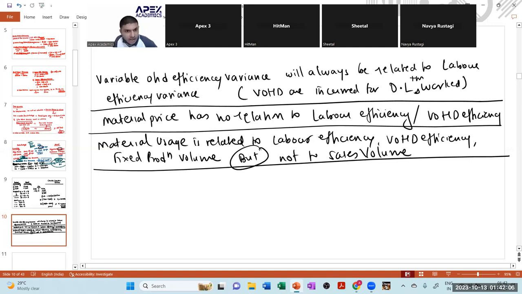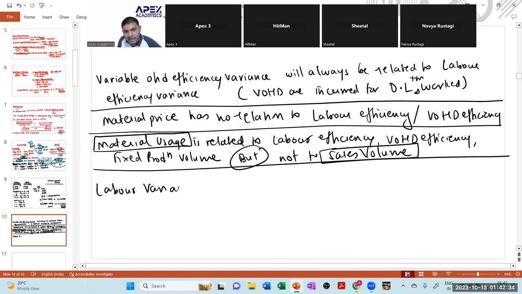What is the logic? Material usage is not related to sales volume. You used material efficiently, that is fine, but if there is no demand in the market, what can I do? Are you understanding what I'm trying to say? Yes or no? Yes sir. You used material efficiently, you worked efficiently in labor hours, you did everything, but there is no demand in your market, what can I do? Okay.